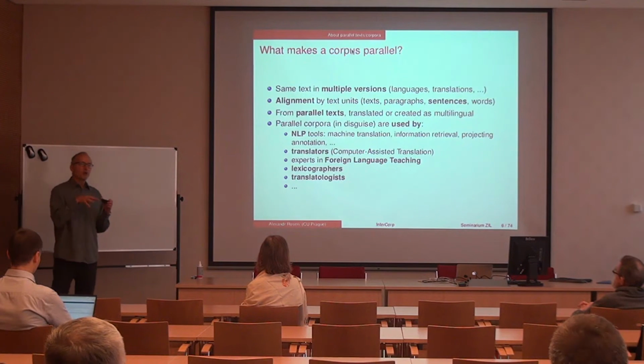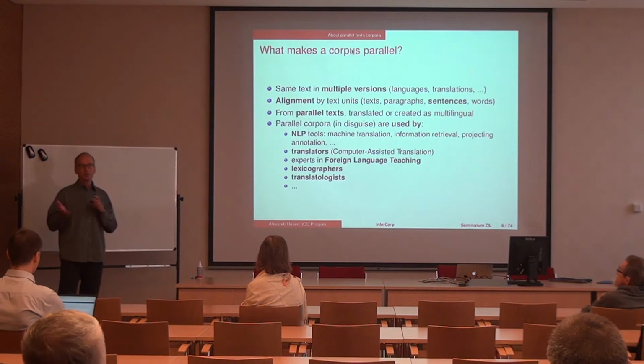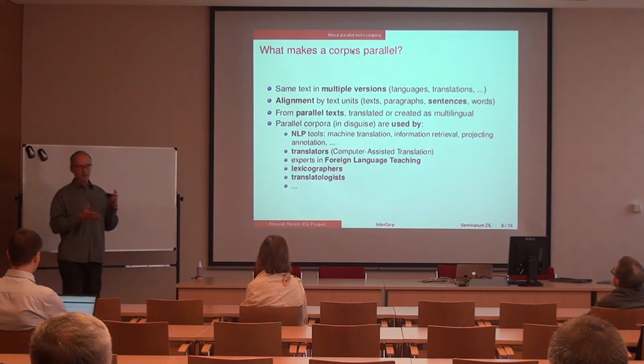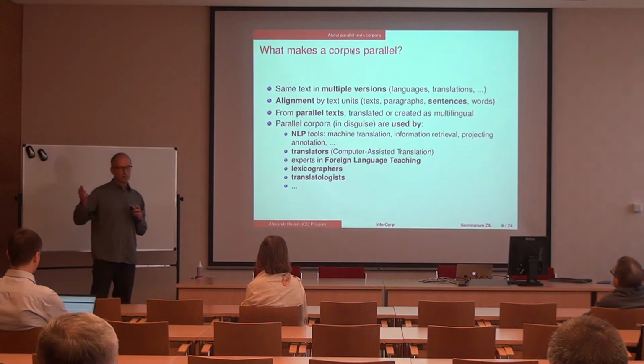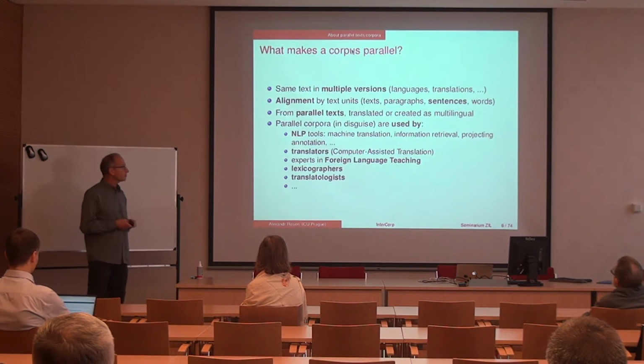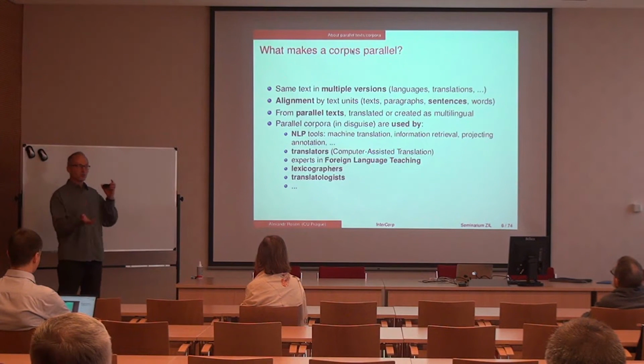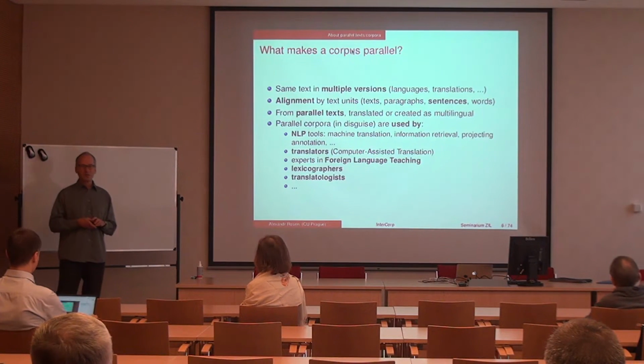We build those corpora from texts that are already available in those multiple versions. So usually it's a text and its translation or multiple translations into some other language. Actually, nowadays when you look around, you can see that there are parallel corpora everywhere. Google Translate is built from something that you can call a parallel corpus.